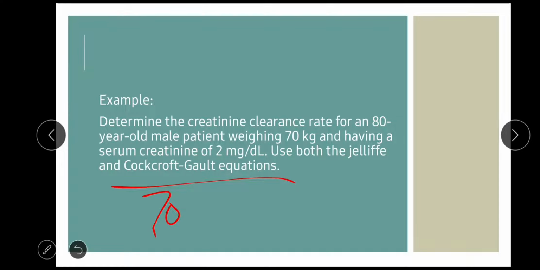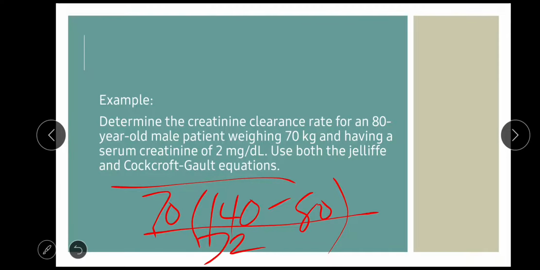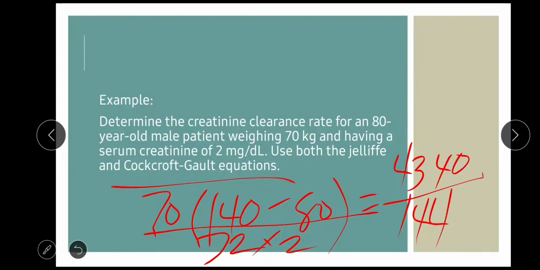So, 70 times 140 minus age, 80 years old, over 72 times 2. So, answer ay 4340 over 144. The answer would be 30.18.